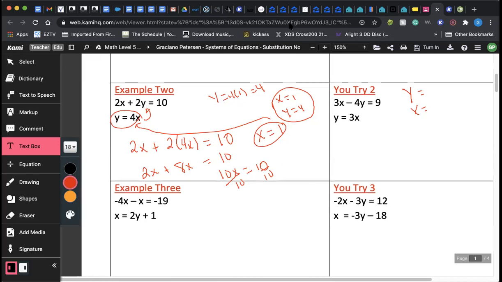All right, what did you get? So I got x equals 1.